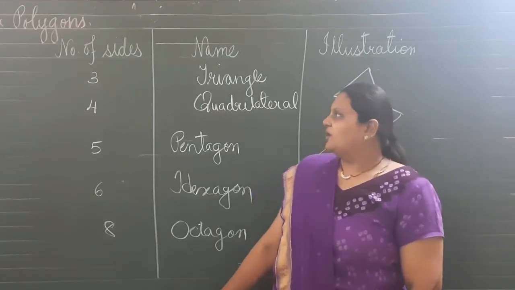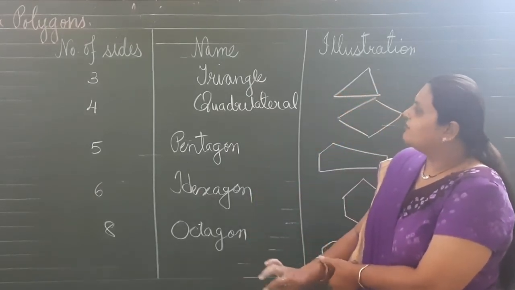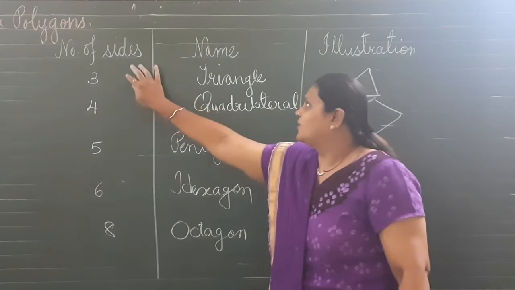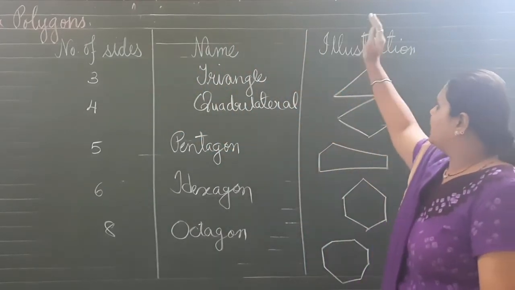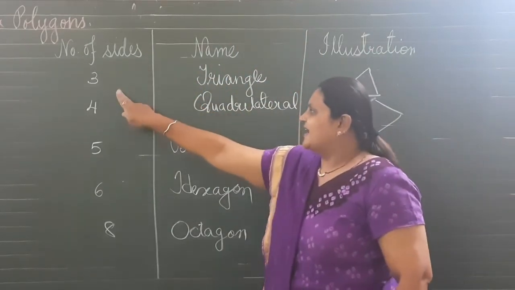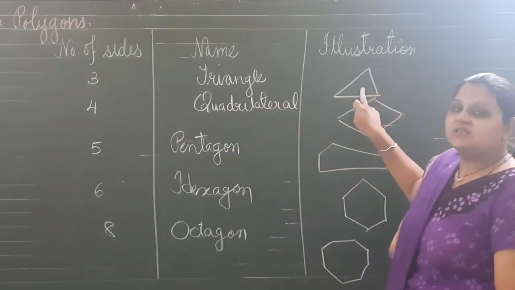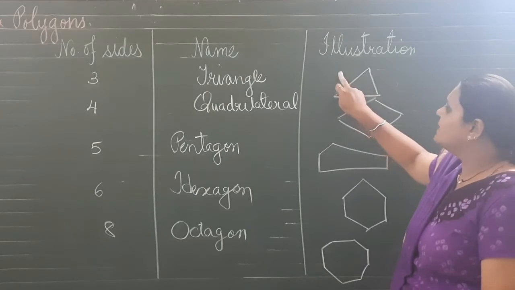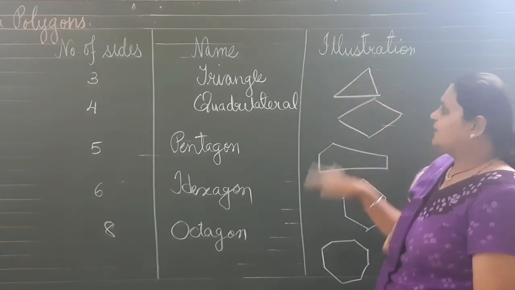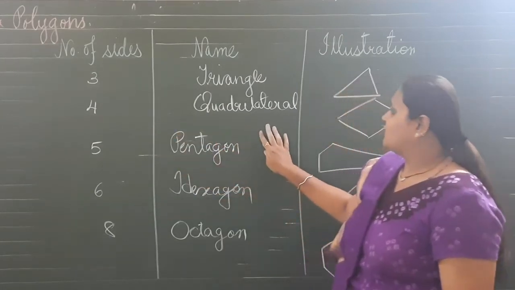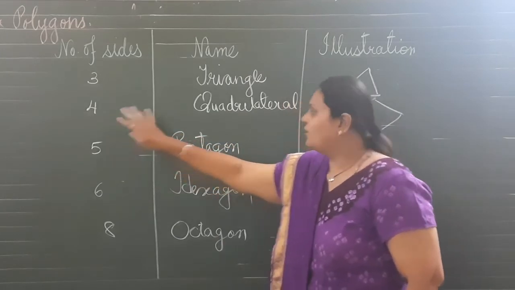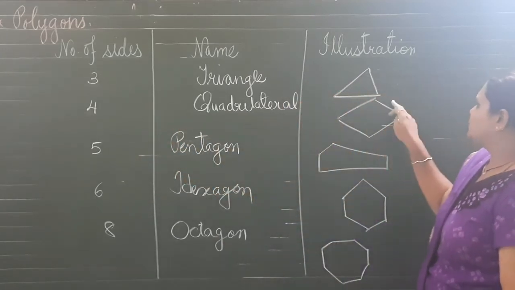Now let us see polygons. Here we are having different polygons. Let us see number of sides, its name and illustration. Number of sides is 3. Polygon is triangle. This is the illustration. This is a three-sided polygon. 1, 2, 3. Number 4, quadrilateral. Number of sides 4. 1, 2, 3, 4.